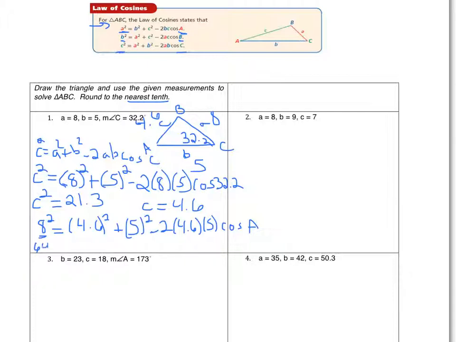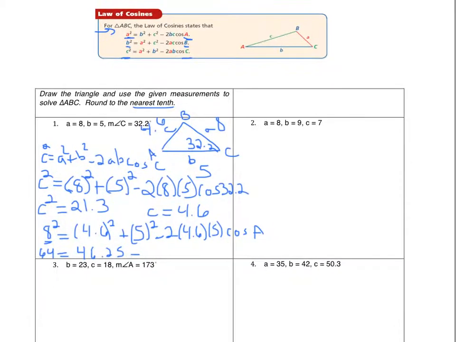So this is 64. And if I do 4.6 squared plus 5 squared, I get 46.25, minus 2 times 4.6 times 5, which becomes 46 times cosine of A. And then I can subtract 46.25 from 64, and I have 17.75 equals negative 46 cosine of A. And then I'm going to divide by negative 46.